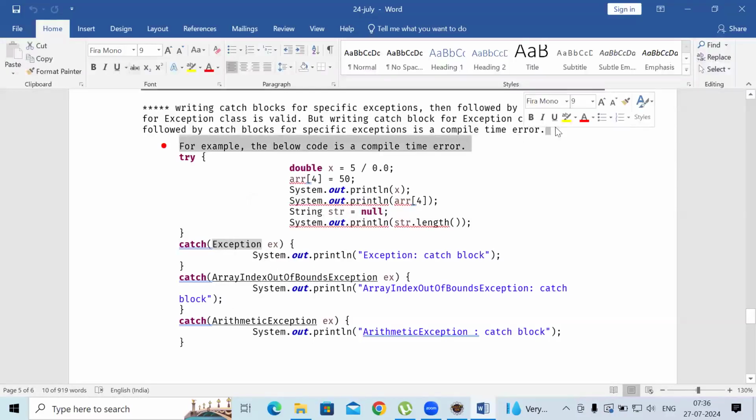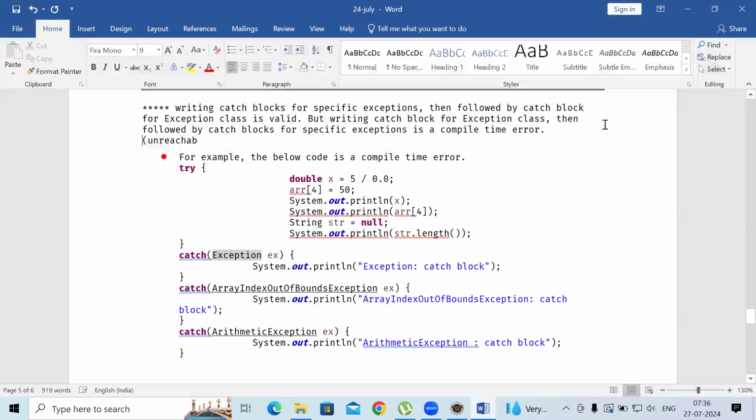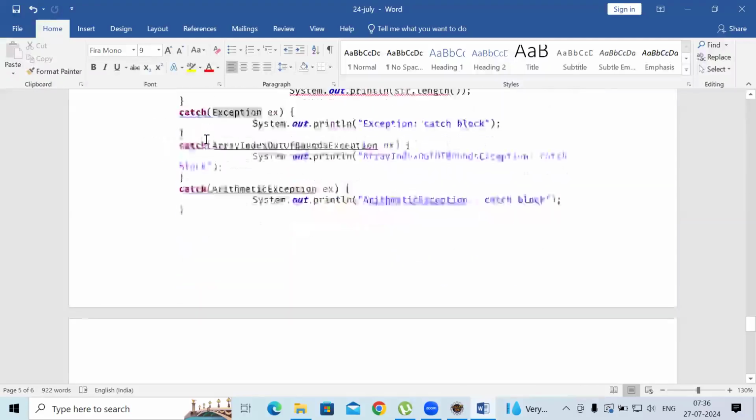The error is called unreachable catch blocks. So this is what we discussed yesterday.